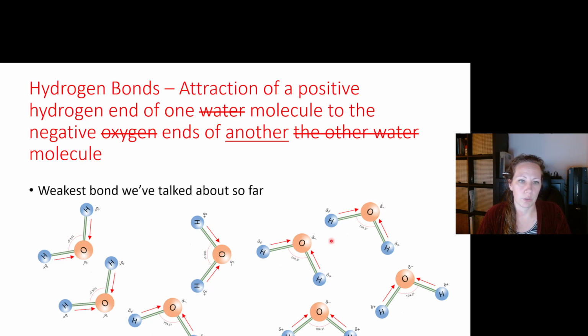And actually for each one of these, I don't have it shown in this little figure that I made, but the oxygen could have two hydrogens that are potentially attracted to it, because you think about it, this partial negative charge is going to be double that of each of the partial positive charges on the hydrogens, because there's two hydrogens that it's sharing electrons with.